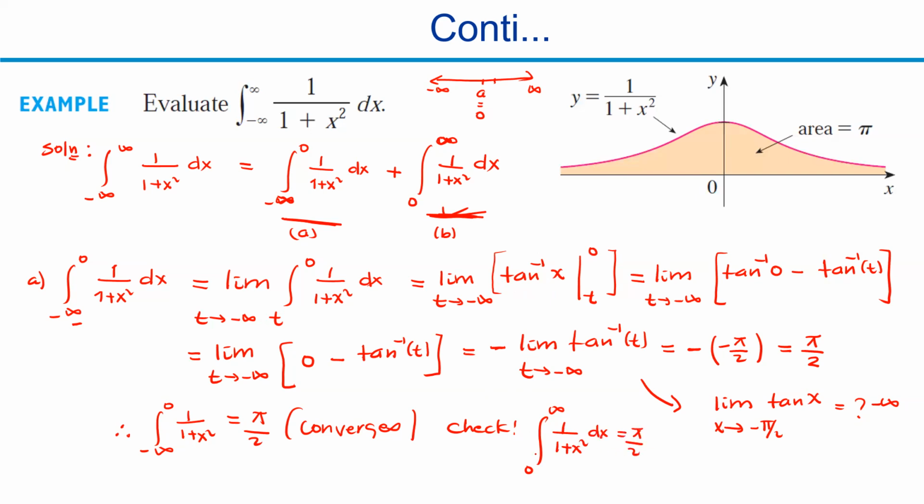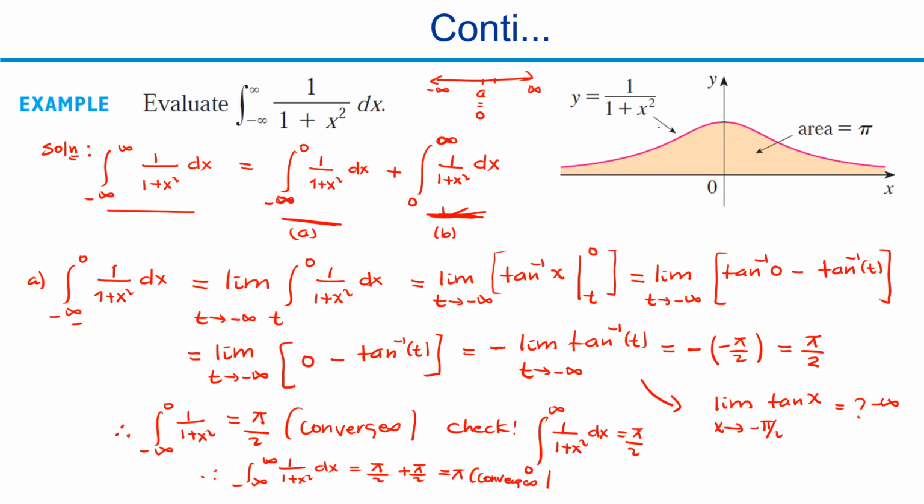Both of them are pi over 2. So what will be the overall integration from minus infinity to infinity? That will be the sum. Therefore, the integration from minus infinity to infinity of 1 over 1 plus x squared dx is pi over 2 plus pi over 2, which is pi. Converges.